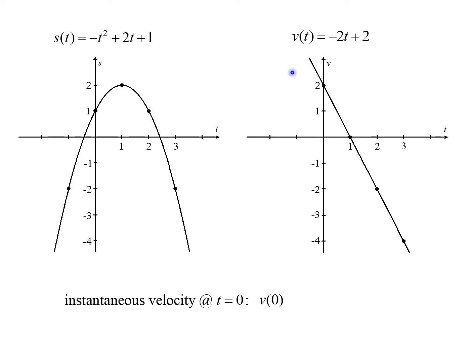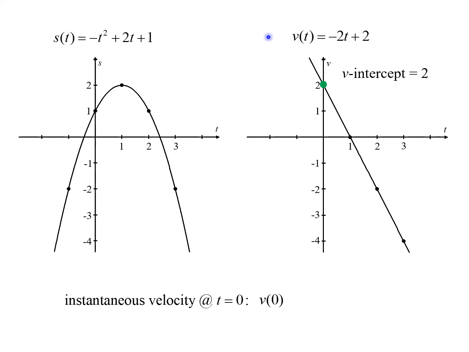V of 0 is you plug time 0 in and see where the graph is. The graph is right there at 0, 2. So that happens to be that point right there, which is the v-intercept. So 2 seems to be the answer for the instantaneous velocity, 2 feet per second.